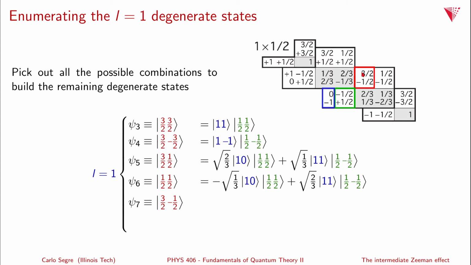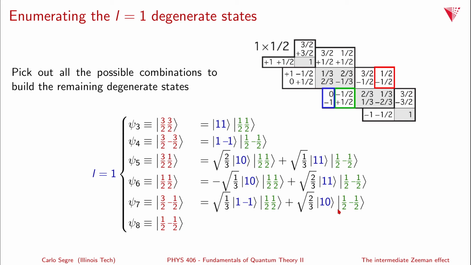I then move down to this block here, and I have the 3/2 minus 1/2, which is state 7. And that has two contributions, again: the square root of 1/3 times the 1 minus 1 state and the 1/2 1/2 state, plus the square root of 2/3 times the 1 0 state and the 1/2 minus 1/2 state.